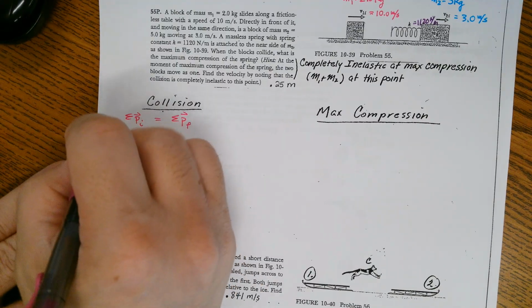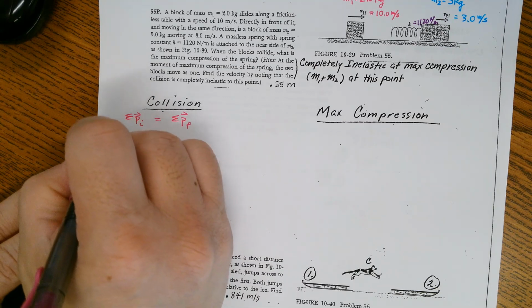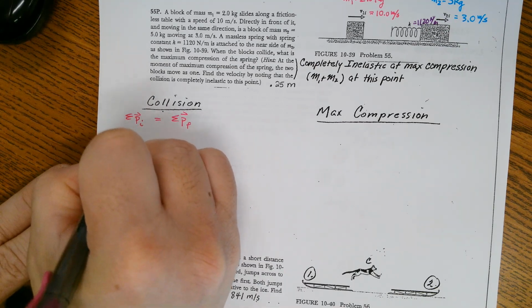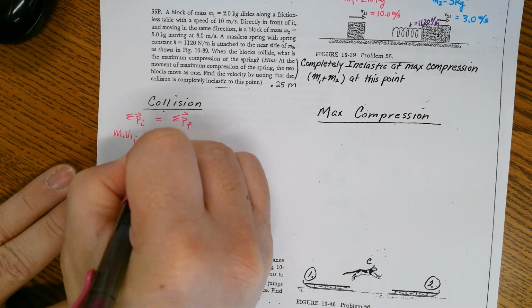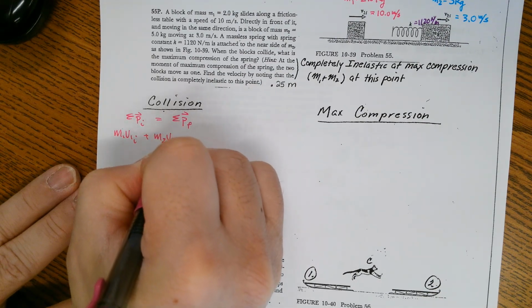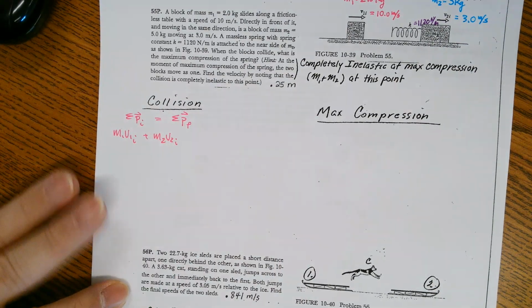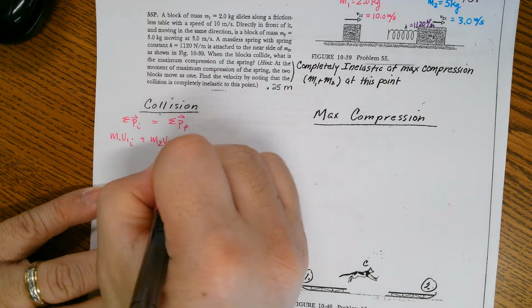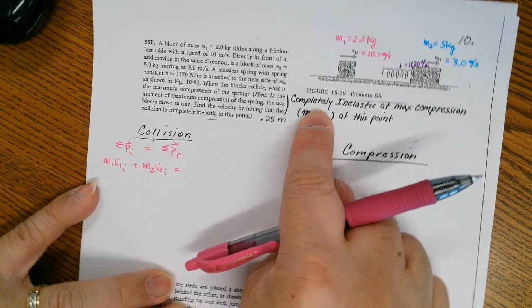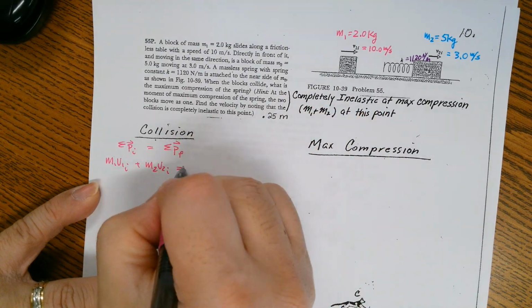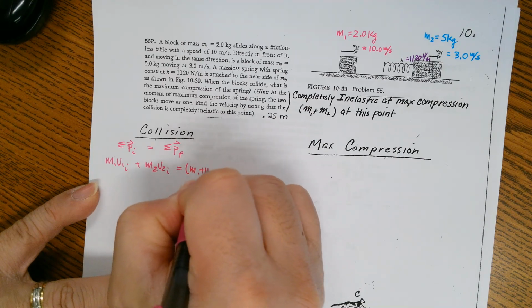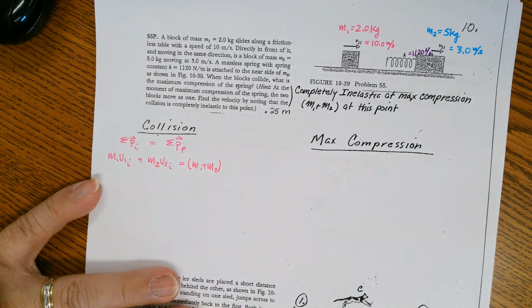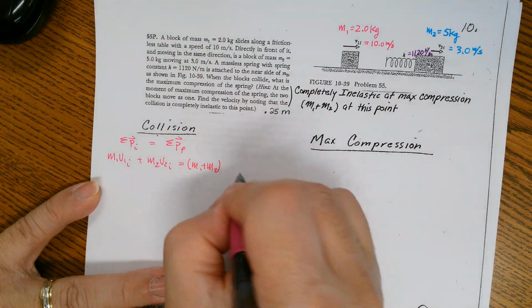Now remember, we always start with this. Initially, I have M1 V1 initial plus M2 V2 initial, that must equal, now they are saying treat it like a completely inelastic collision, which means M1 plus M2 become one times the V final.